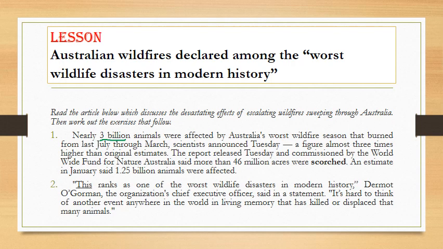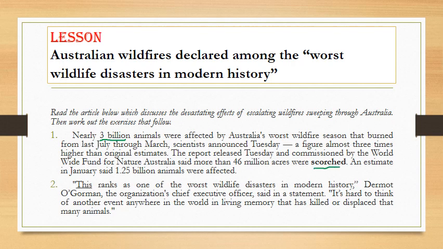original estimates. The report, released Tuesday and commissioned by the Worldwide Fund for Nature Australia, said more than 46 million acres were scorched. Of course, an acre is 1,000 meters squared. 46 million acres were scorched, totally burned.